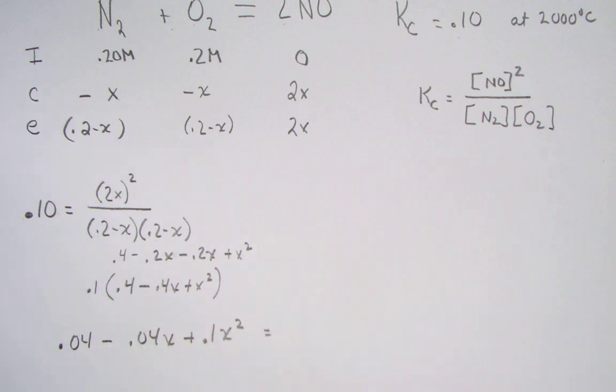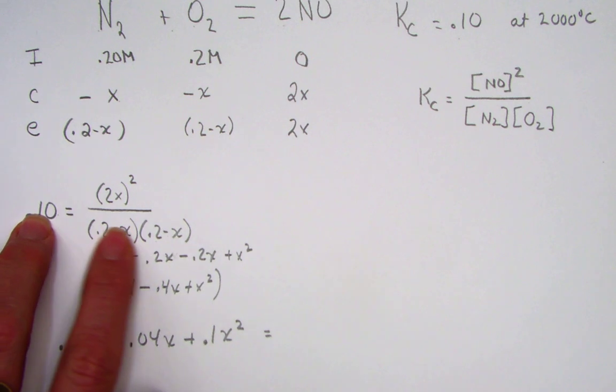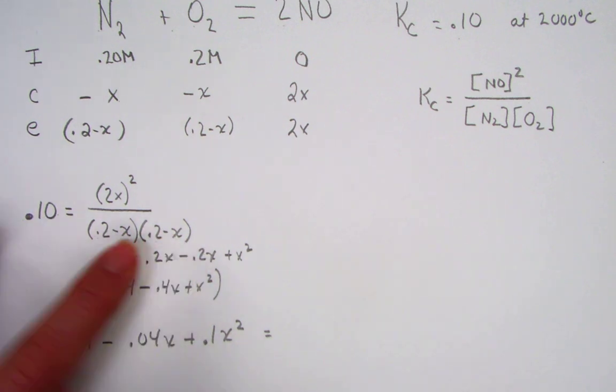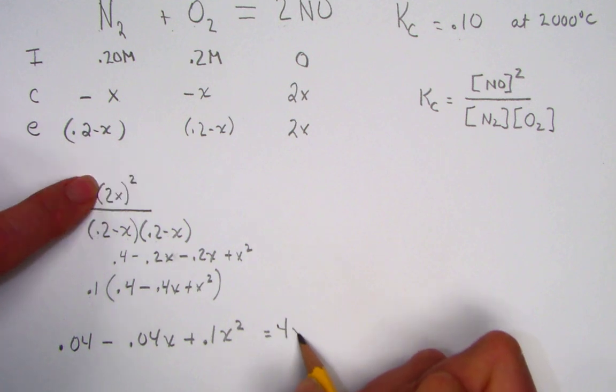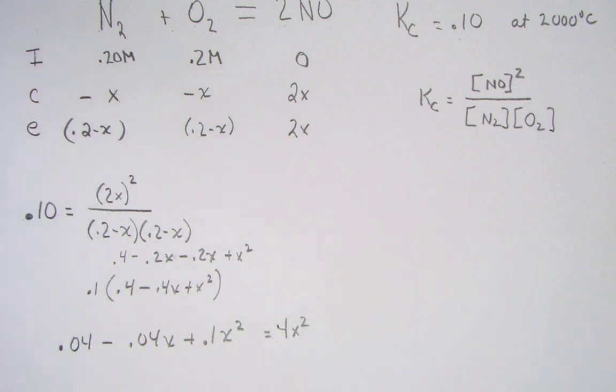That's equal to, and again, all I've done is distribute that 0.1 through my FOILed factor. I'll simplify the top. 2 squared is 4, x squared. So 2x raised to the second power is 4x squared.